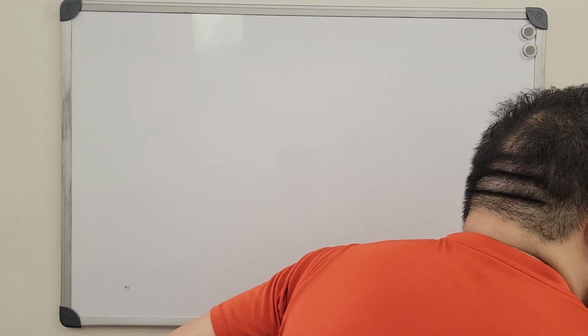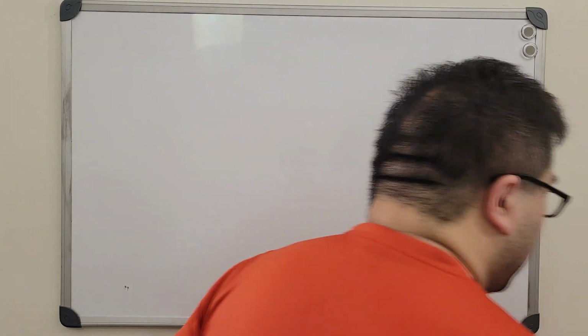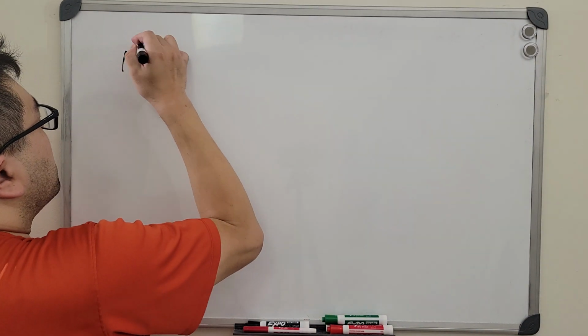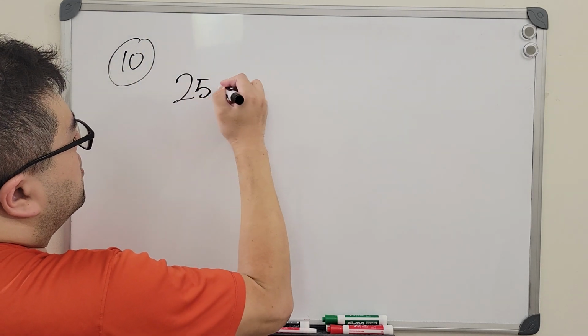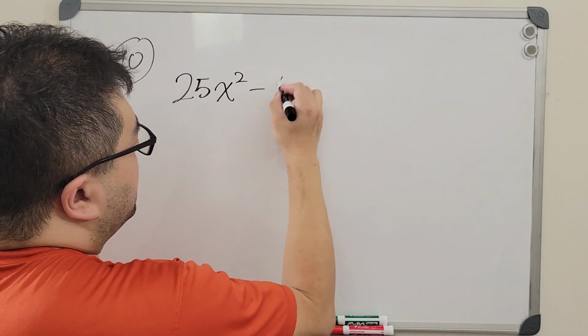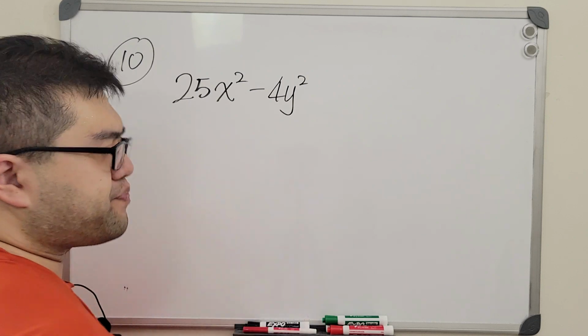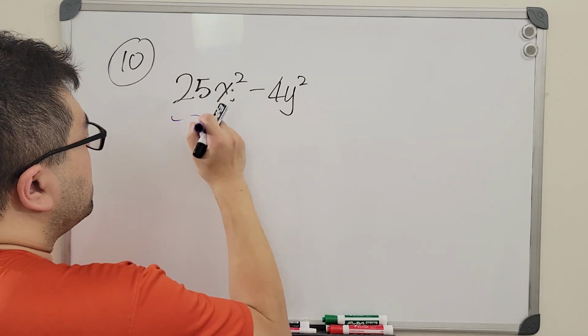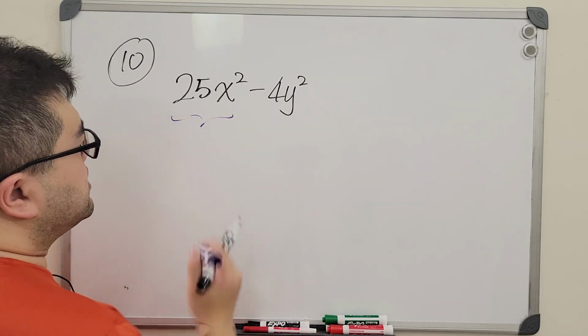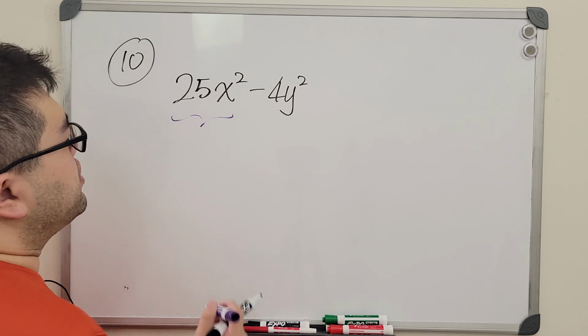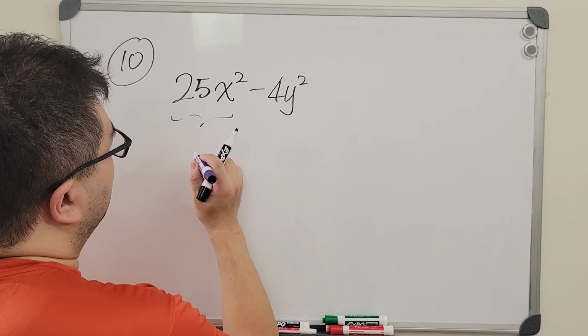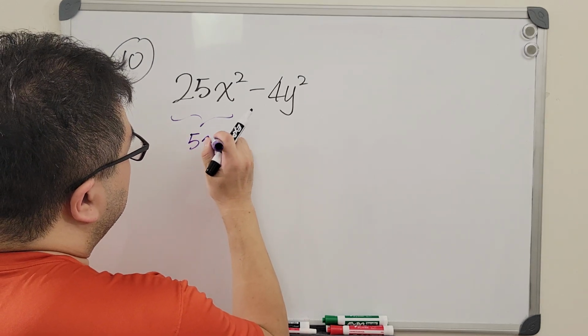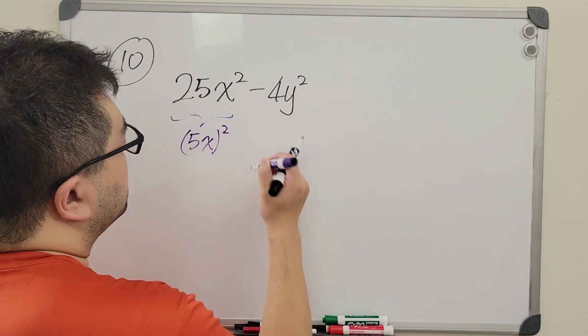So next one we have 25x squared minus 4y squared. So again, if we set our first term being a squared, then a would be the square root of it, which is 5x.